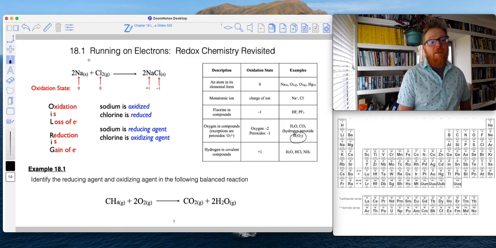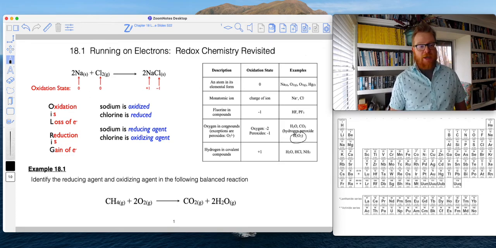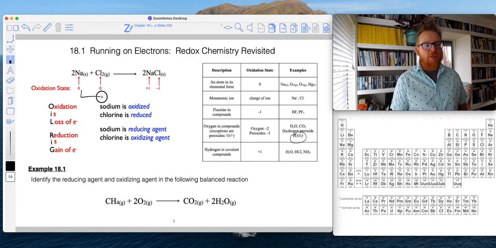So when we apply these rules to this reaction right here, we can see sodium metal is 0, chlorine gas is 0, and when it makes this compound, sodium chloride, sodium goes from 0 to +1, and we have to think about how you go from 0 to +1, and that's from losing an electron.